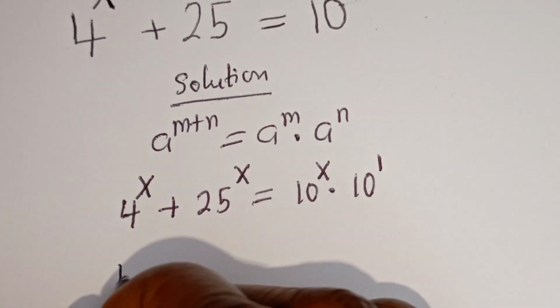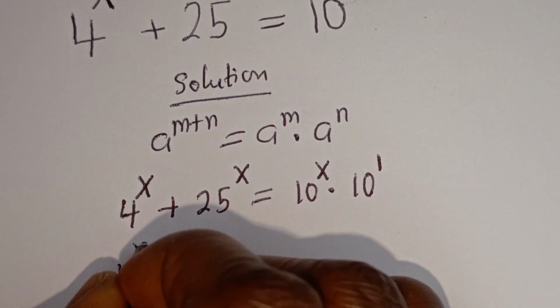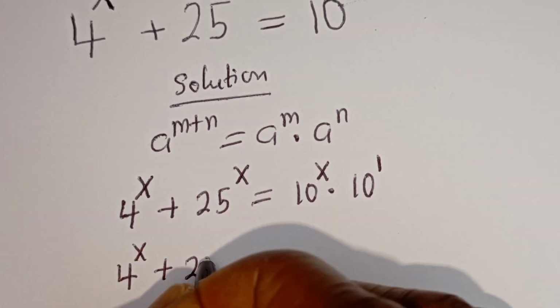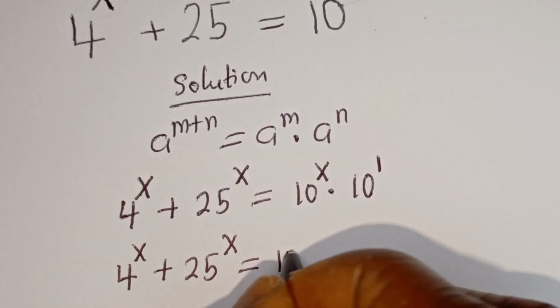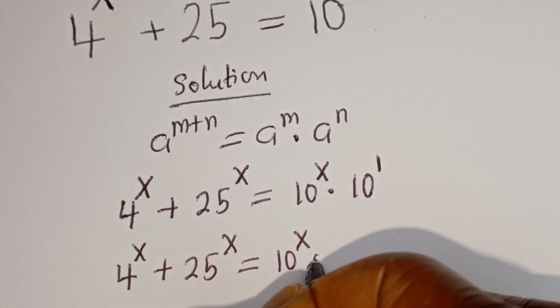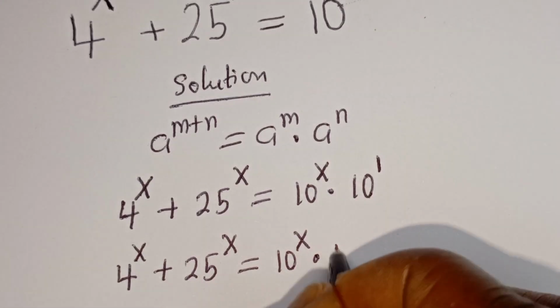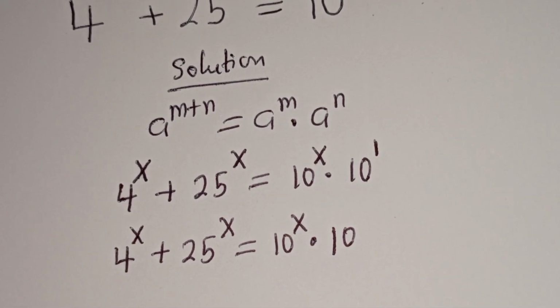Then we have 4 to the power of x plus 25 to the power of x is equal to 10 to the power of x multiplied by 10 to the power of 1, which is 10.